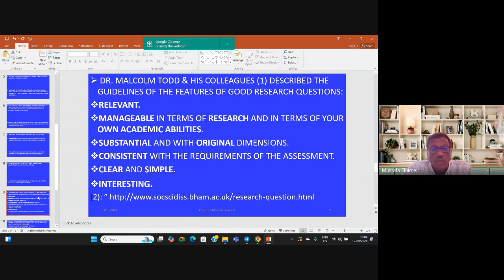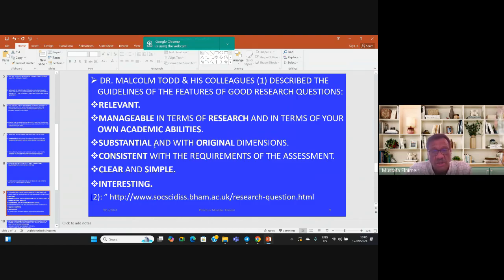Dr. Malcolm Todd and his colleagues describe important guidelines that can be of help for the features and the characteristics of good research questions. First of all, it should be relevant, in the sense that the research question should be relevant to the research topic and should be manageable in terms of research and in terms of the academic abilities of the investigator.